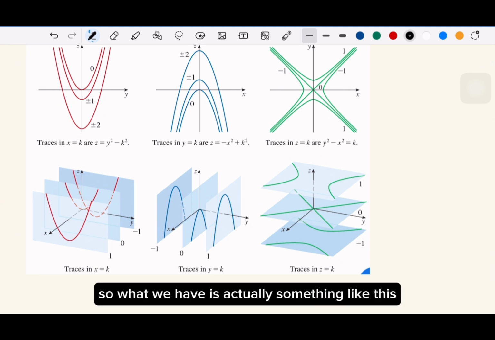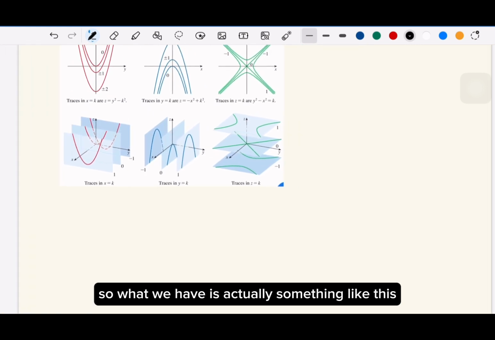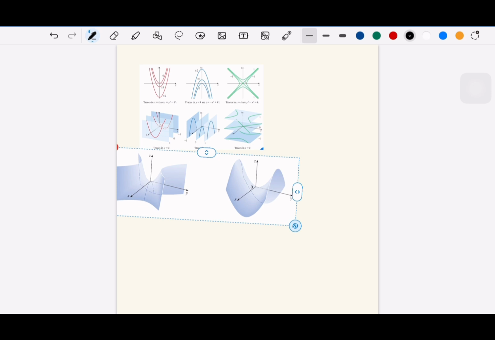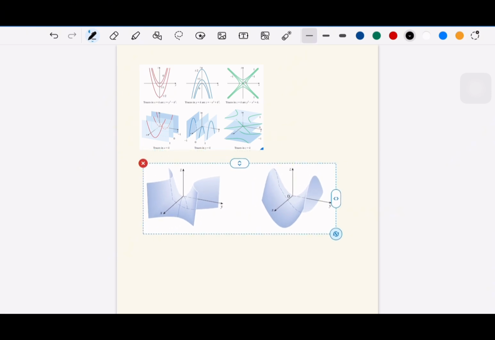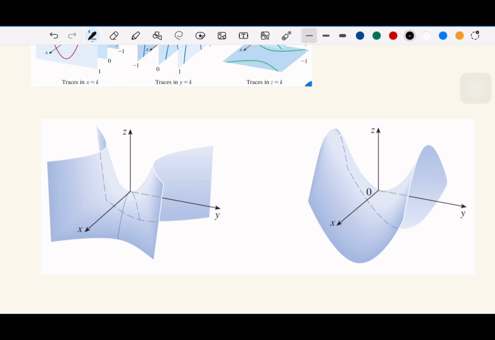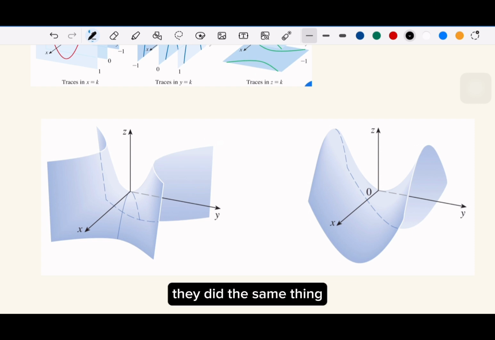So what we have is actually something like this. Maybe start from the left part. They are the same thing, but let me start from the left one here. You see that this is on the downside, the hyperbola.